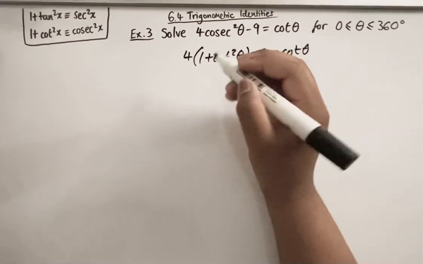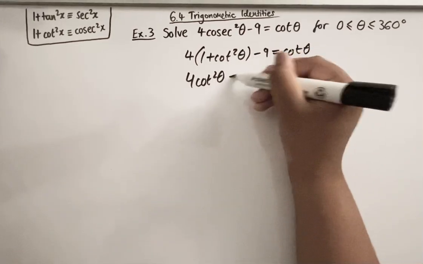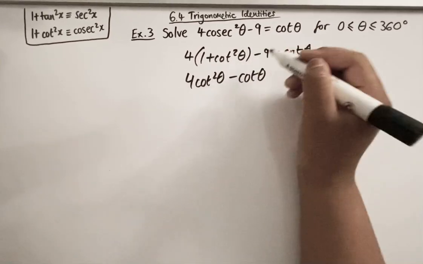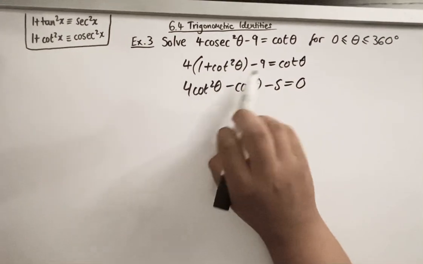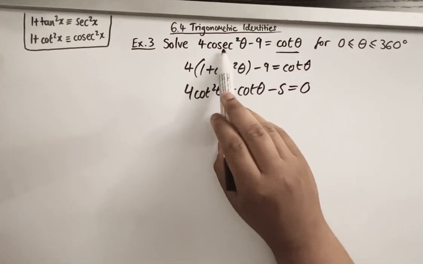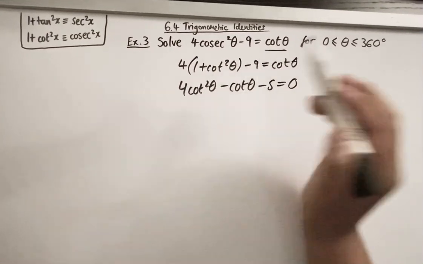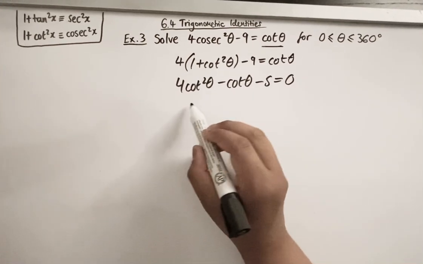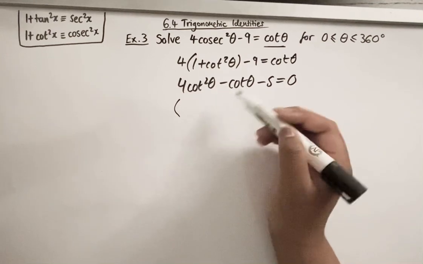And by expanding and rearranging, we can get 4 cot squared theta minus cot theta plus 4 minus 9, which is minus 5, equals 0. We want to make it into a quadratic in terms of cot theta, so we can solve it like this. We can factorize this, or you can make a substitution as y equals cot theta.